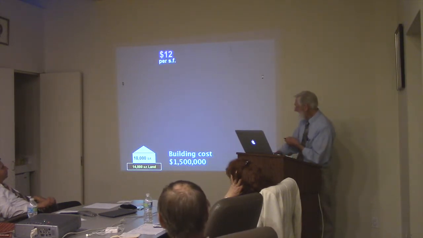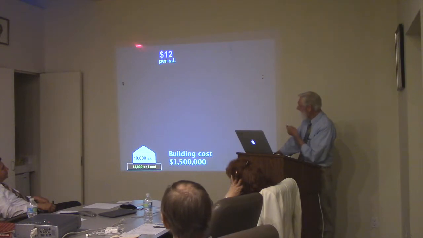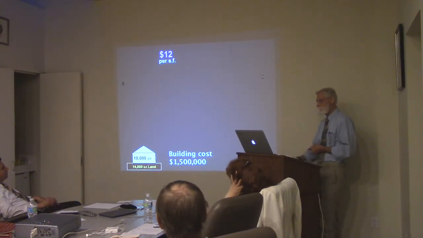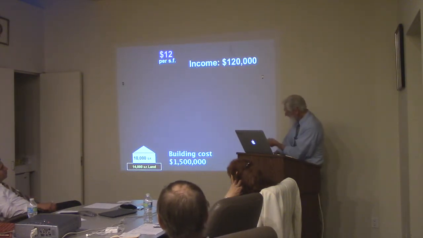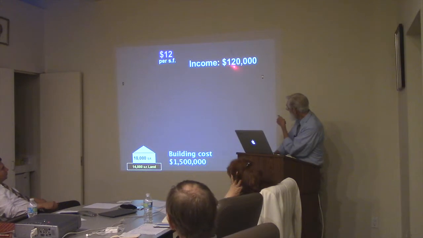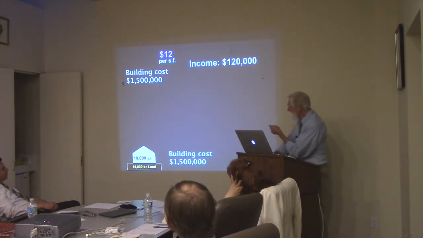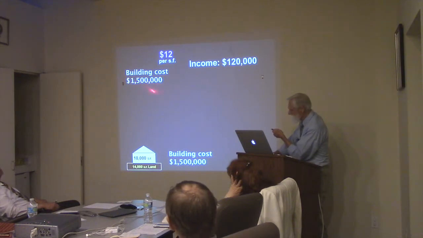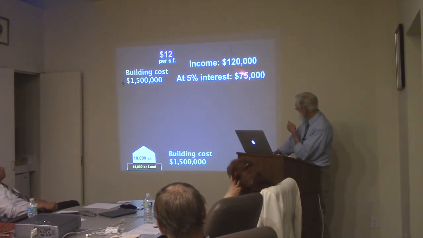Now, this building costs $1.5 million to build. And we can rent it for $12 a square foot. So $12 times 10,000 is $120,000. And on $1.5 million, with the current rate of interest at 5%, that will give us $75,000.